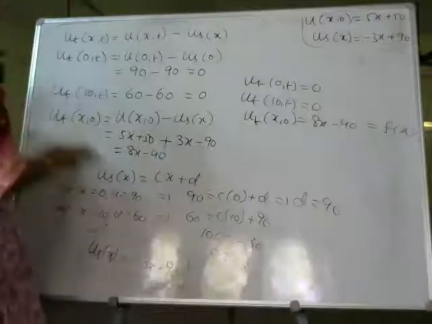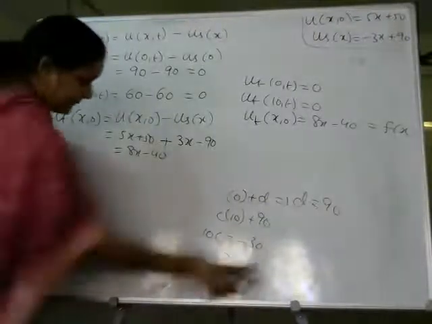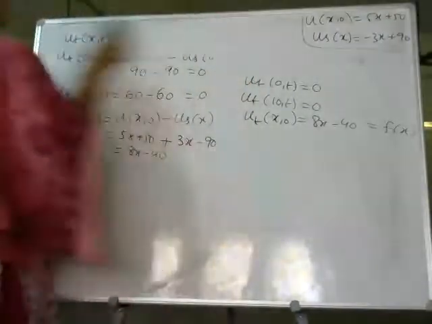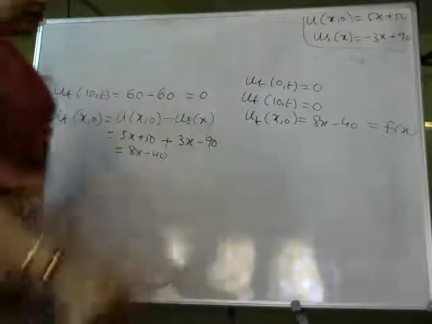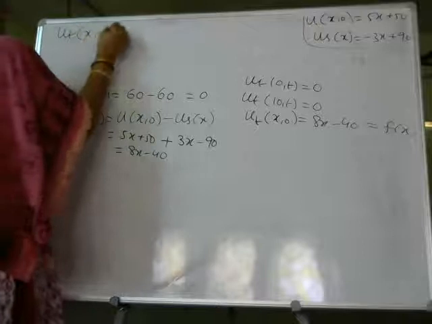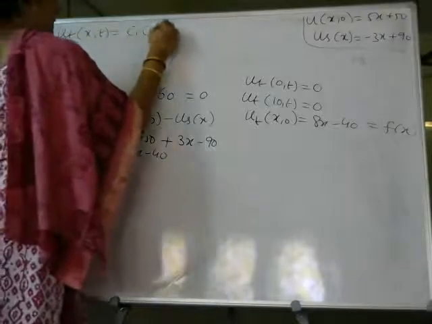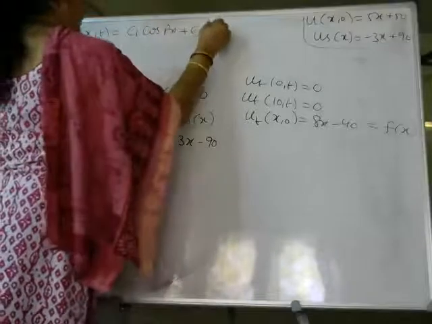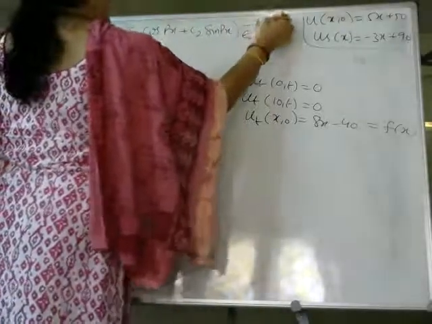Now we'll start, as usual, with the procedure. What is the procedure we have? We are calculating ut here. So ut at x comma t is equal to c1 cos px plus c2 sin px into e power minus p square c square t.